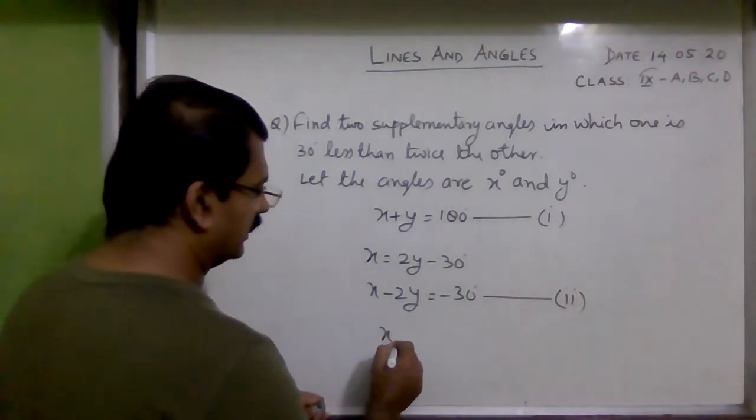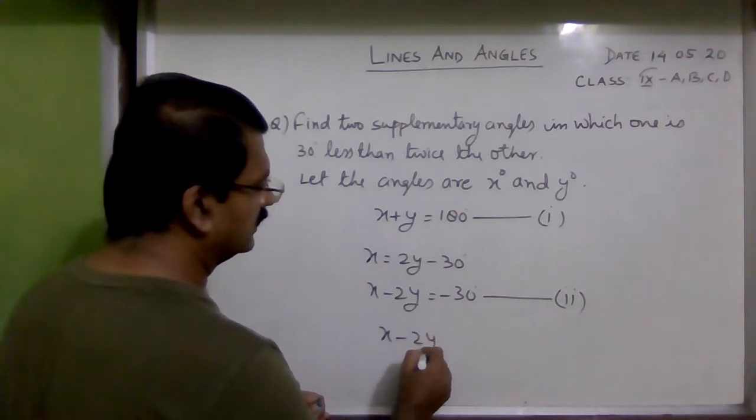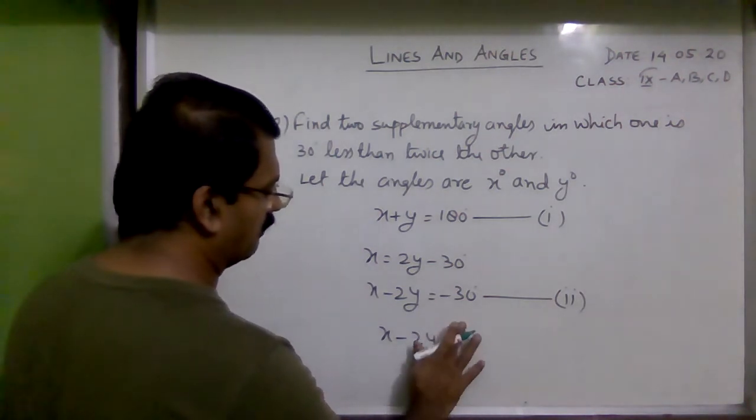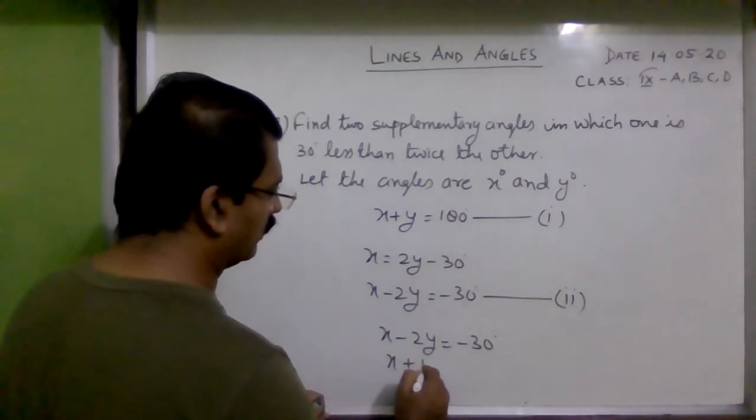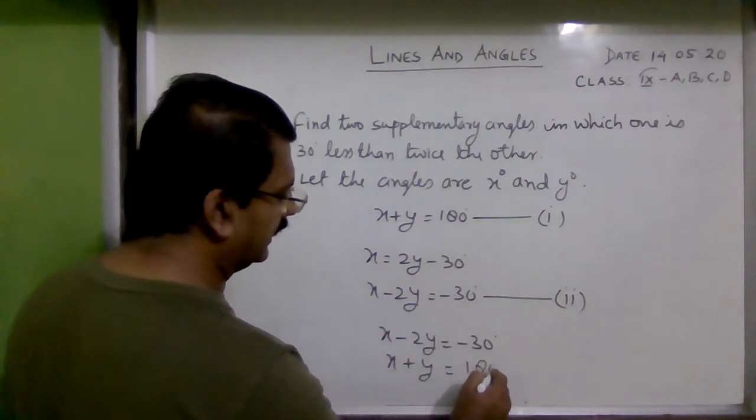So x minus 2y is equal to minus 30, and below it you write x plus y is equal to 180.